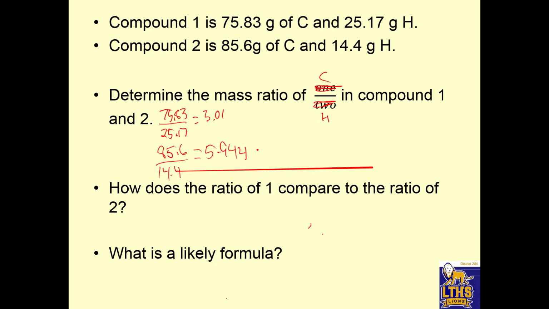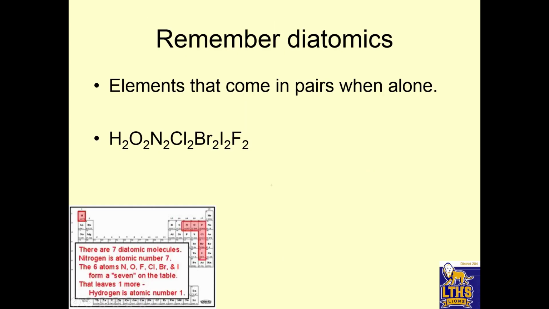So now, determine the mass ratio of carbon over hydrogen in each of these. How does the ratio of 1 compare to the ratio of 2? Well, 3.0 divided by 6, rounding to 1, would give me 1/2. So what that means is I would have 2 times as much for these ratios.